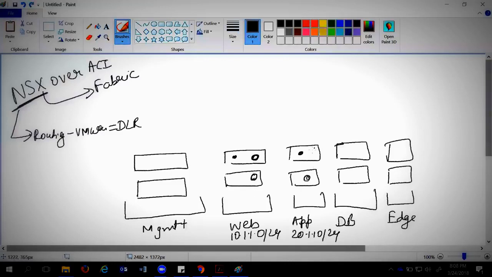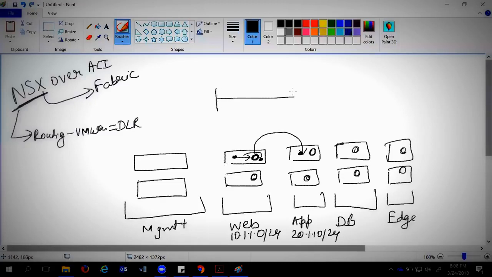On every ESXi, we would have a router. Now, whenever the web is going to talk to the app, the traffic will hit the local router, which routes that traffic to the app devices. If the app is sitting on the same ESXi, the traffic does not have to leave the ESXi and come back again. In that case, the traffic will switch within the ESXi level.